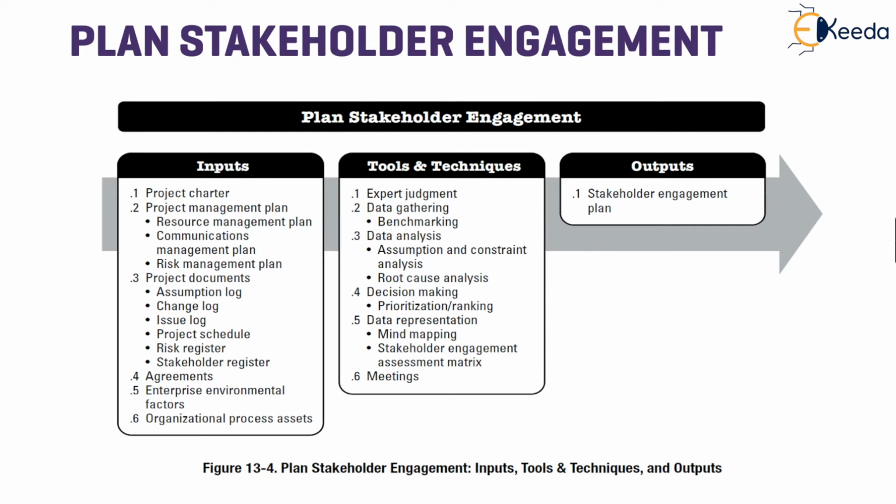Moving further to plan stakeholder engagement, it involves again the inputs from the previous process as well as similar tools and techniques, while the output is the stakeholder engagement plan.